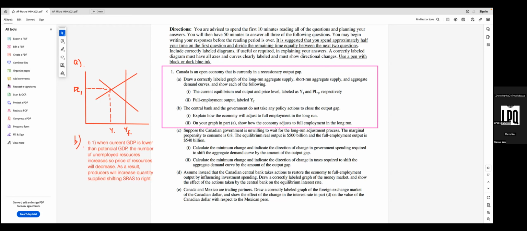Then the final step, we shift the short-run AS to the right. So you can make your lower level current GDP go back to this potential GDP. And if you do that, the price level will also decrease.